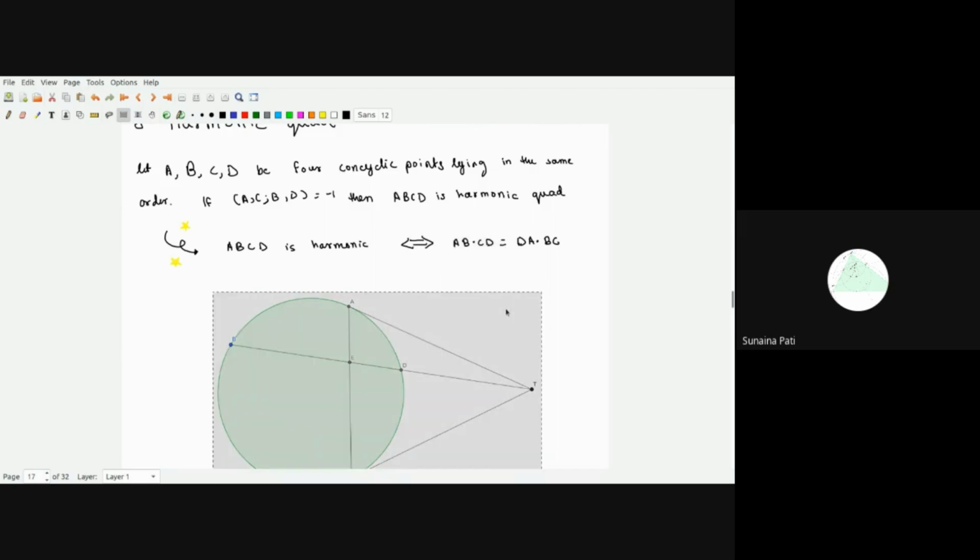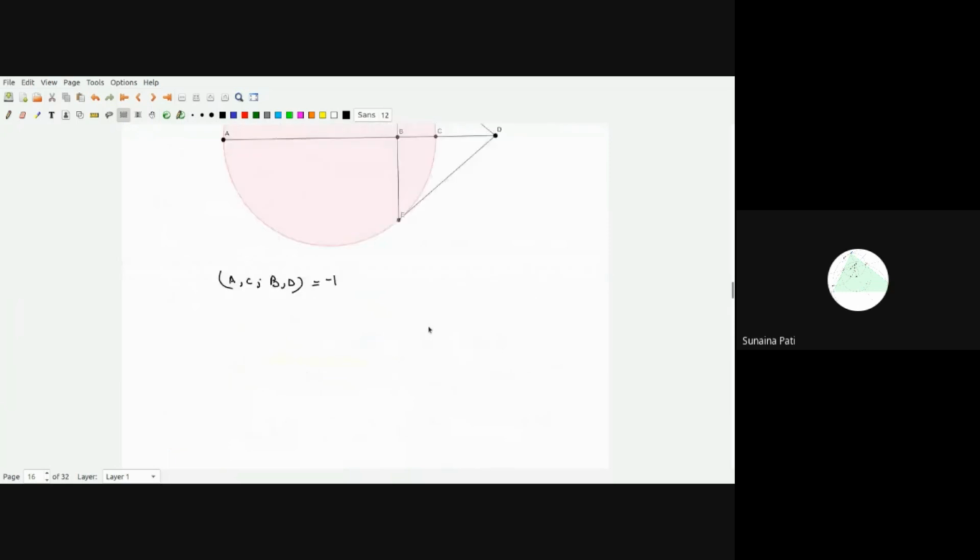So the quadrilateral must be cyclic and satisfy this. Then it's harmonic, and a cyclic harmonic quadrilateral has so many properties that you would be amazed, which we'll probably cover in the next class.